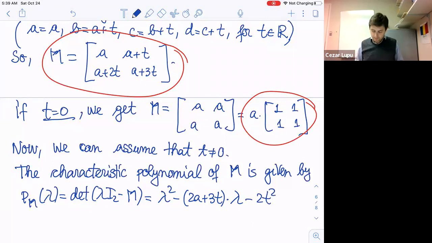Okay. So this is the characteristic polynomial, and I would like to see what happens to the discriminant of this. We would like to find the eigenvalues.